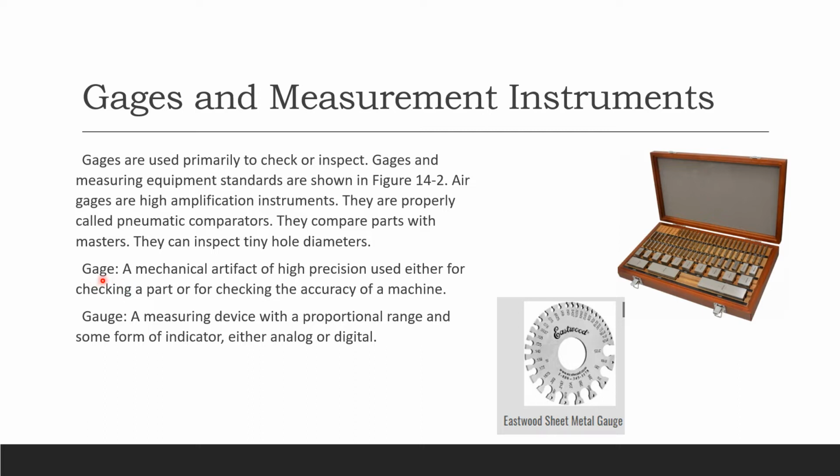If we go by GAGE, that's a mechanical artifact of high precision used either for checking a part off or checking the accuracy of a machine. If we go by GAUGE, a measuring device with a proportional range and some form of indicator, either analog or digital.